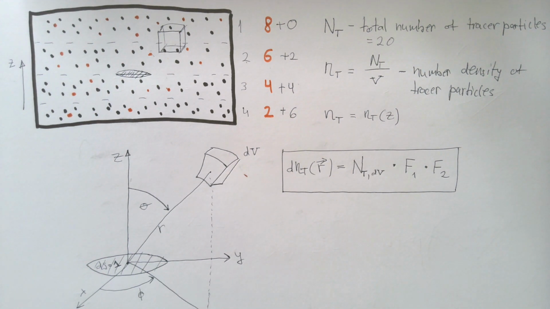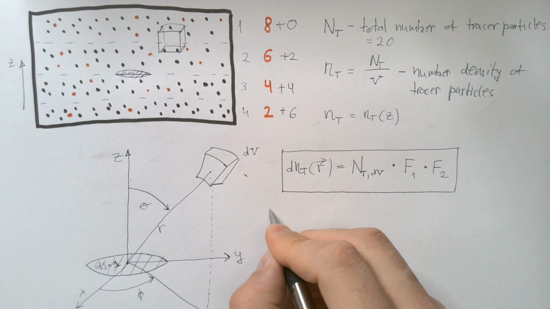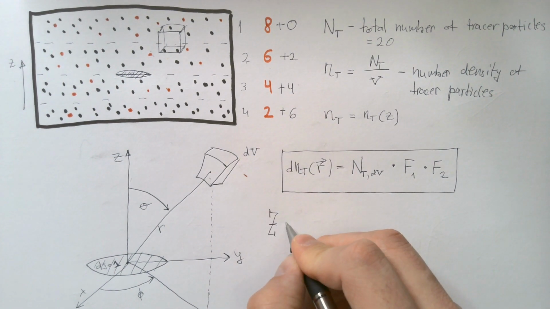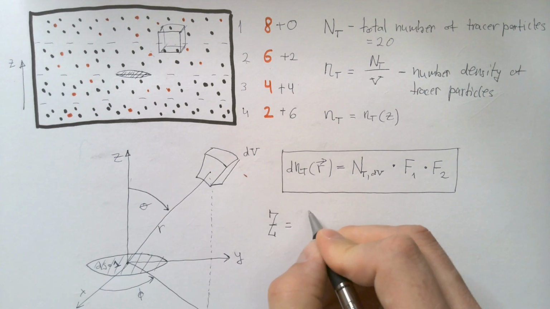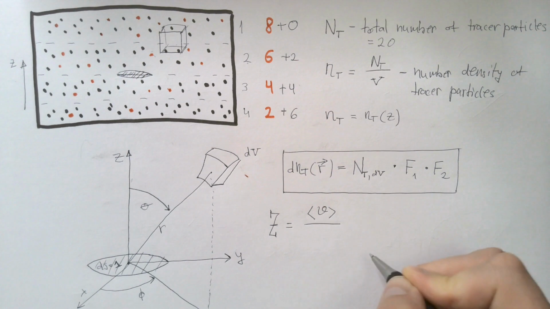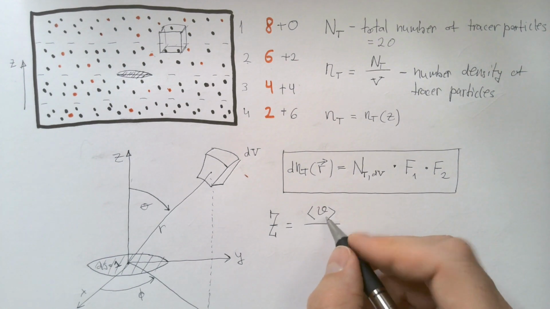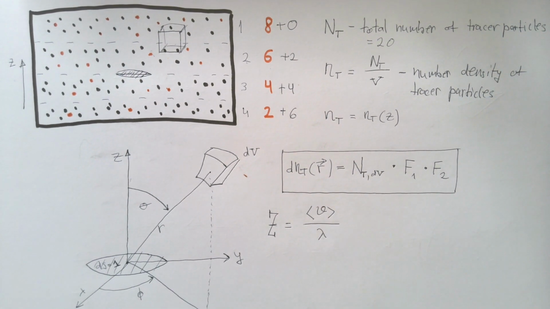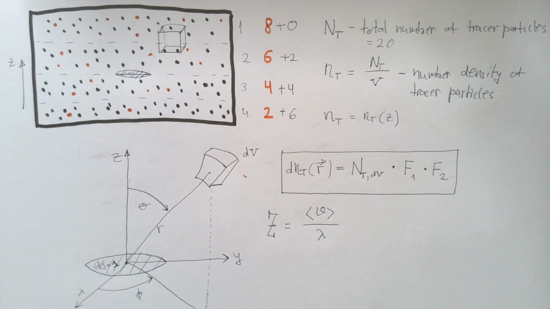From my previous video, we defined collision frequency, you will remember, capital Z, between two particles to be the average speed of atoms in the gas, v, divided by lambda, where lambda is the mean free path. And this is collision frequency, which means that's the average number of collisions per unit time.